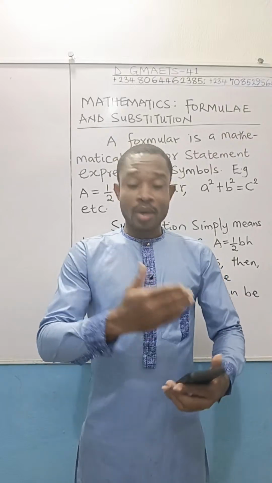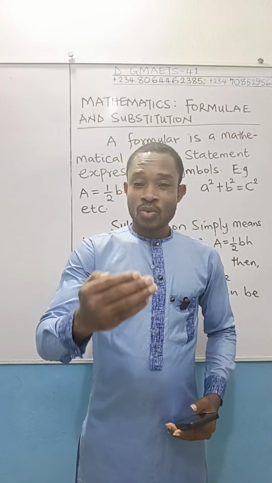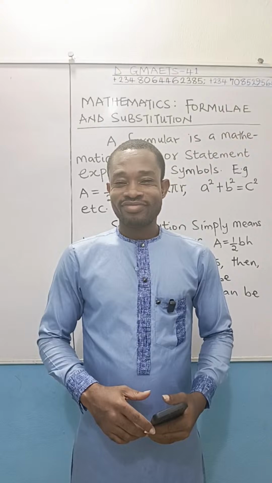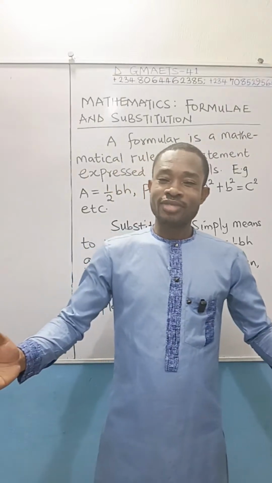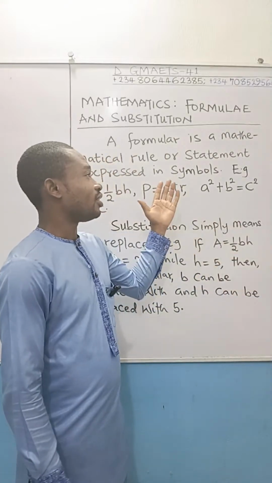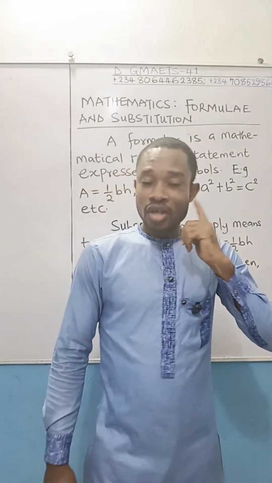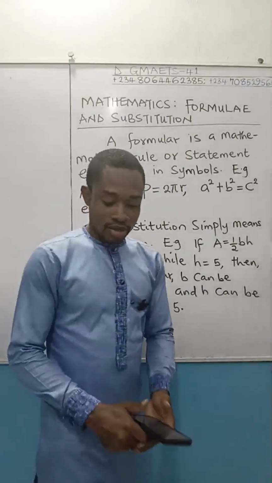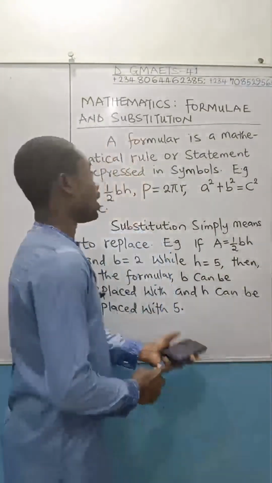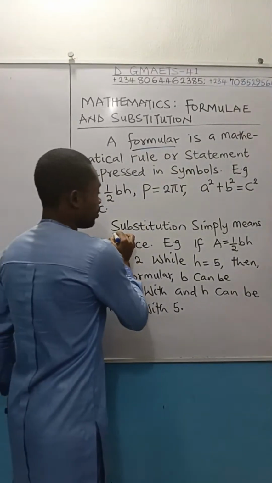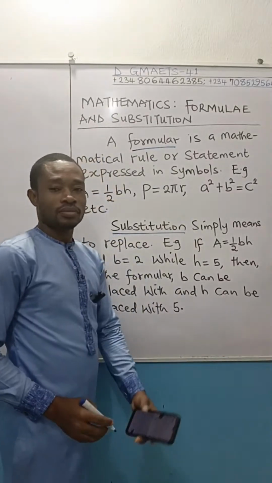You remember that in our previous class, we concluded simple equations. And so it becomes necessary for us to learn formulae and substitution. So on the board here, you have this short note that explains what a formula is and what we mean by substitution.